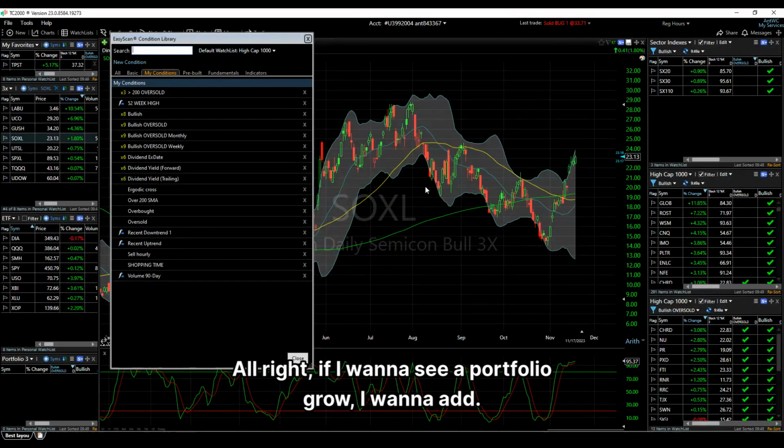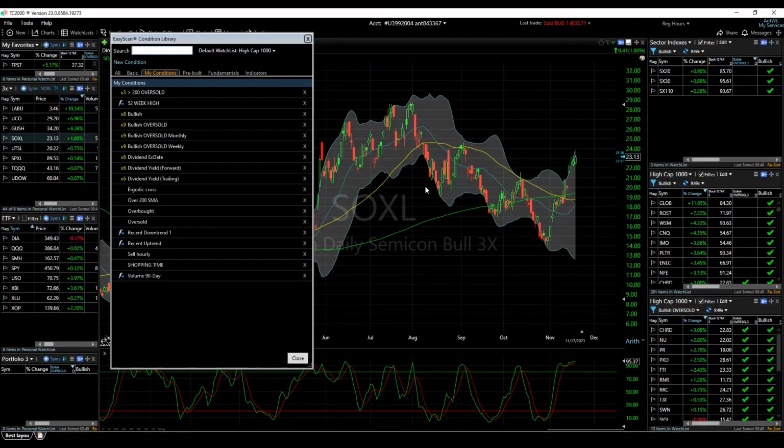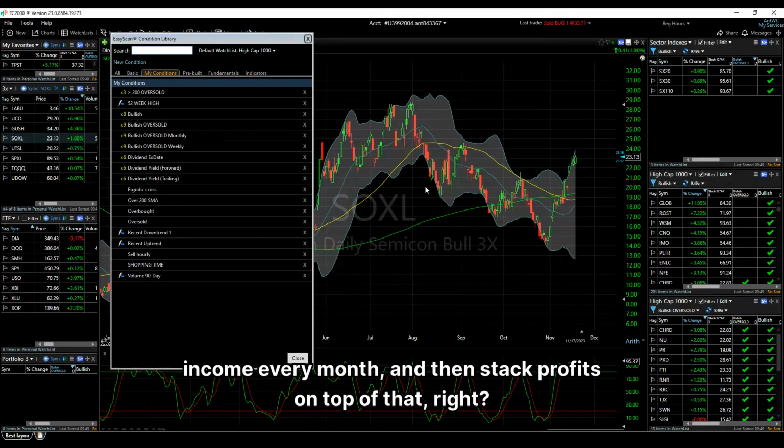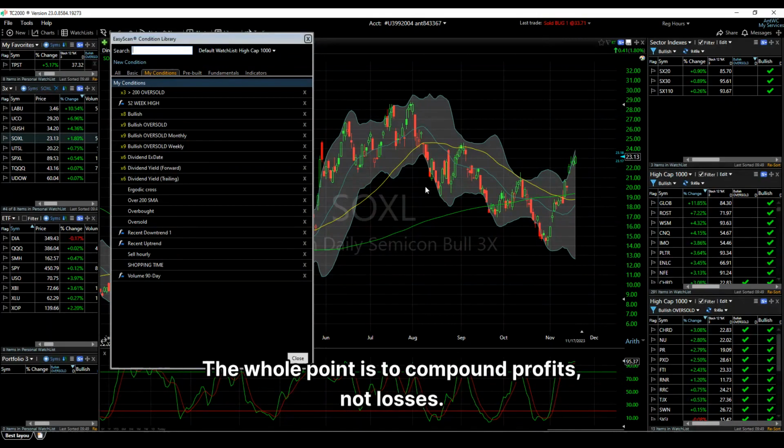If I want to see a portfolio grow, I want to add its initial funding, and then continually add a percentage of my income every month, and then stack profits on top of that. The whole point is to compound profits, not losses.